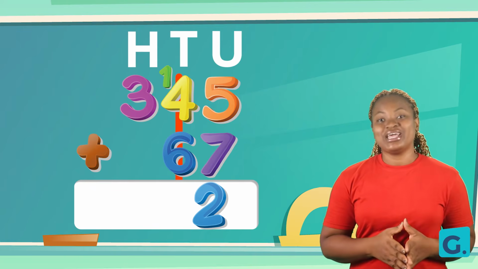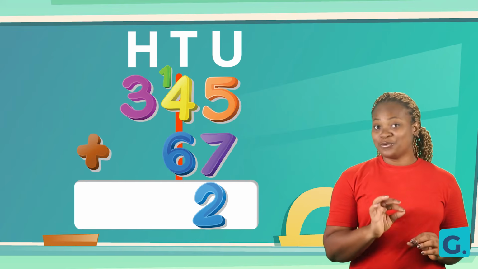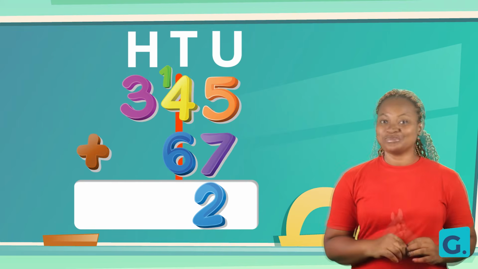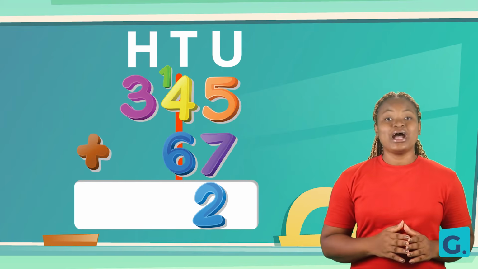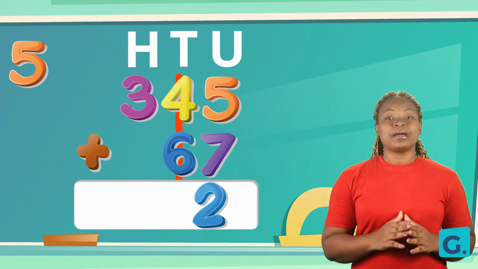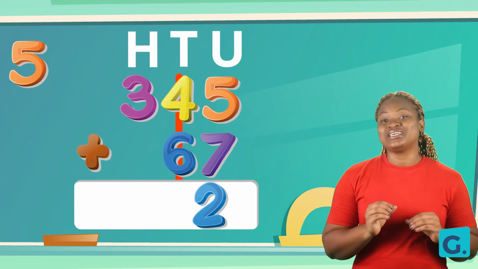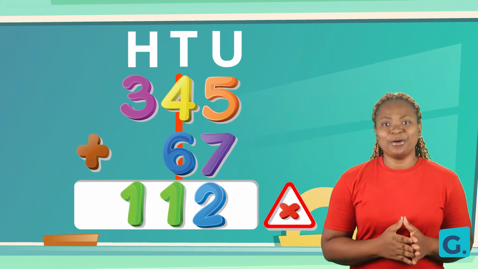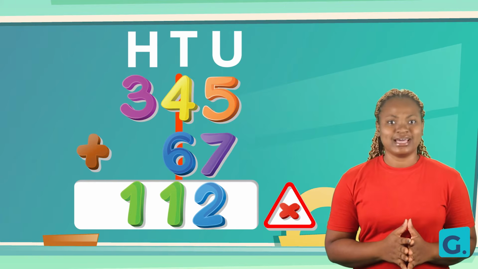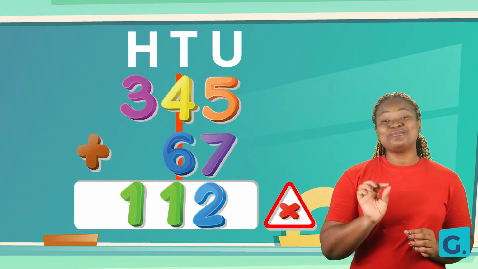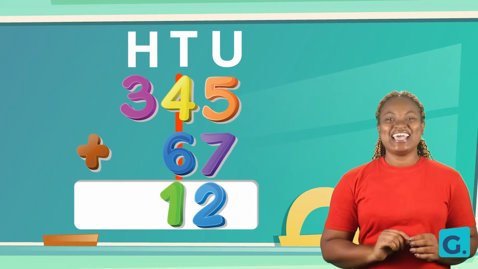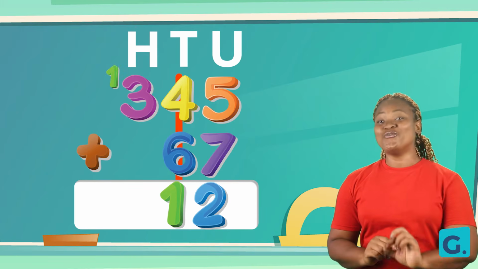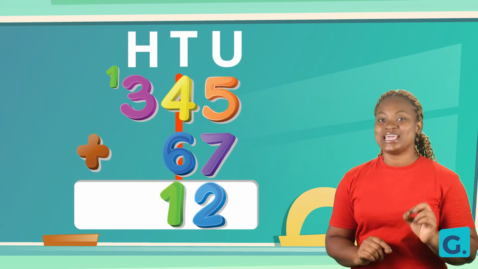Under the tens, we have 1 plus 4 plus 6. 1 plus 4, that would equal 5. Plus 6, if we are to count on, that would give us 11. We need to put 1 down under the tens and carry the other one over to the hundreds place.